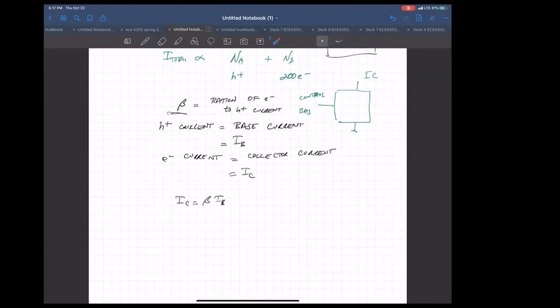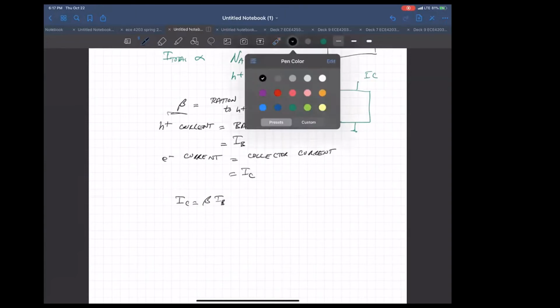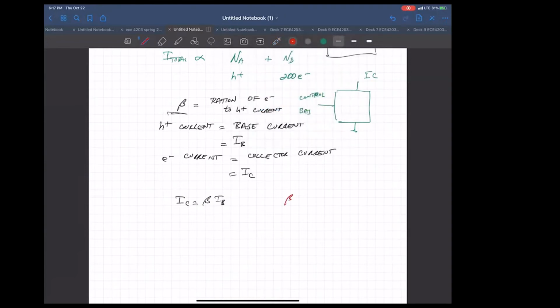And this beta, depending on the transistor, is anywhere between 50 and like 200. These are typical values. Or you can think of the base current as being I sub C over beta.